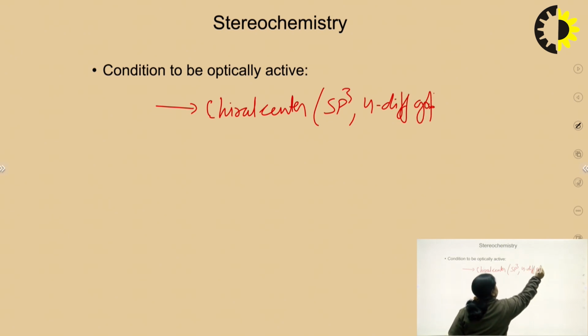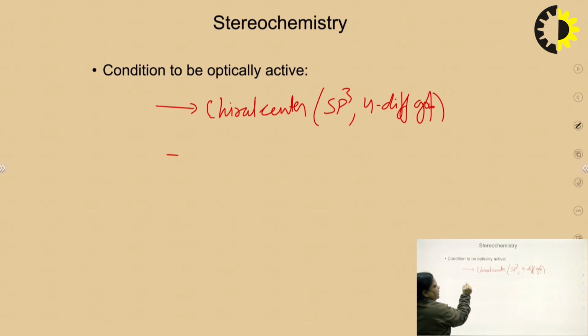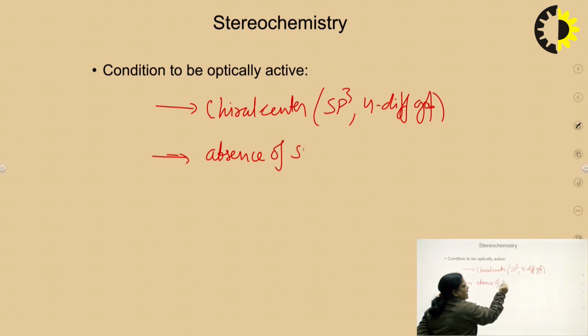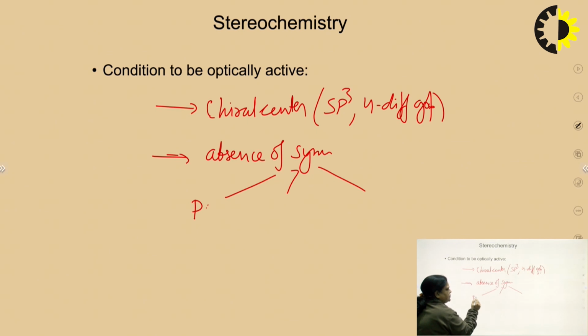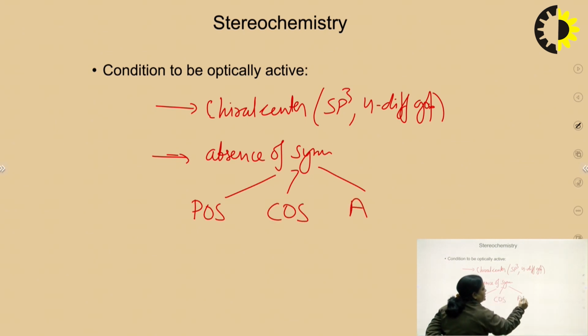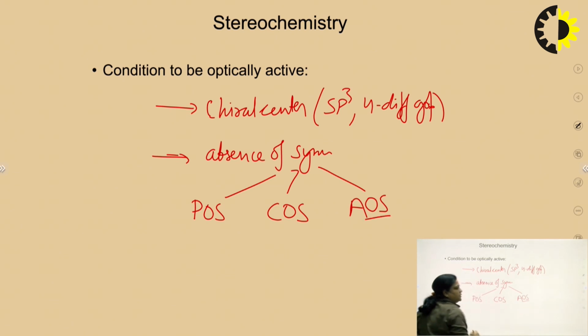And the second is there must be absence of any type of symmetry. There are 3 types of symmetry. The first is plane of symmetry, the second is center of symmetry, and the third is axis of symmetry. If any type of symmetry is present, the compound will not be optically active.